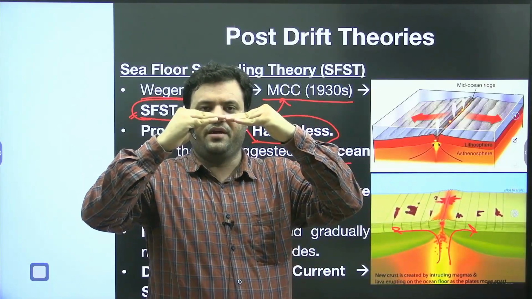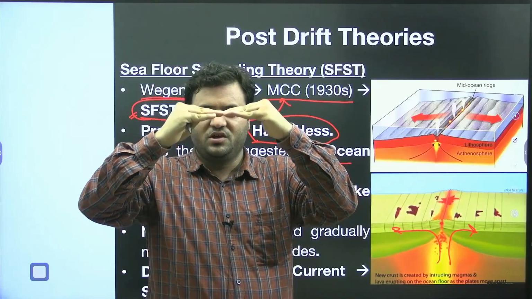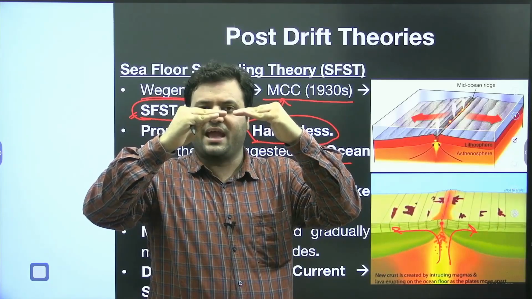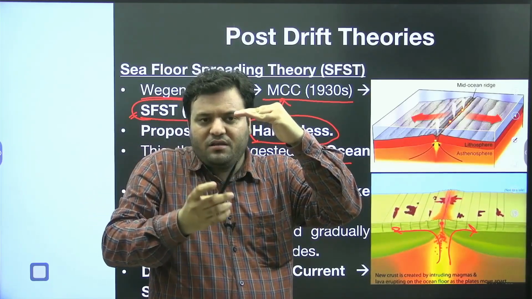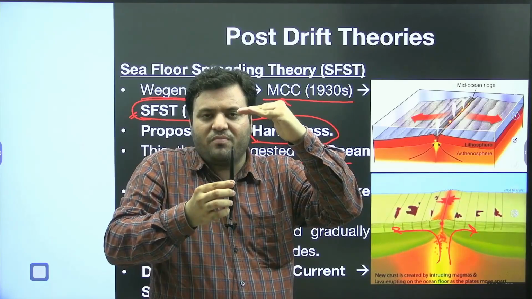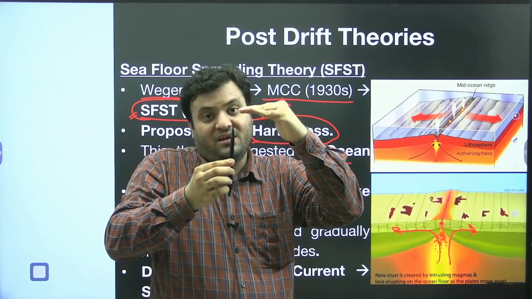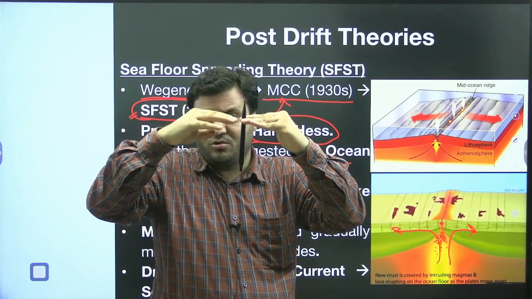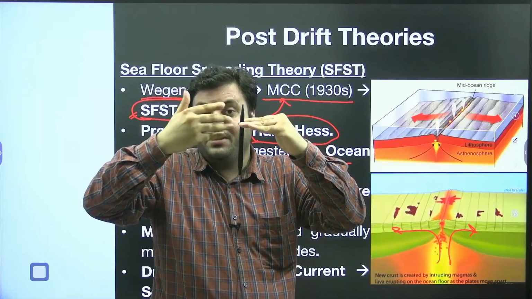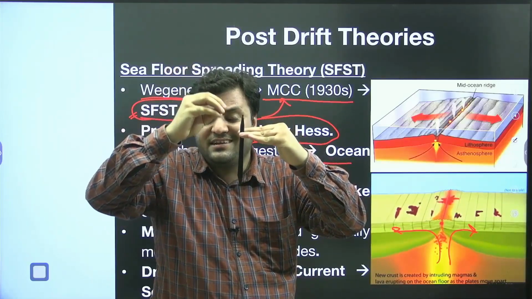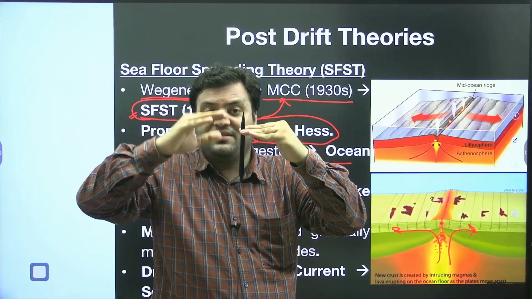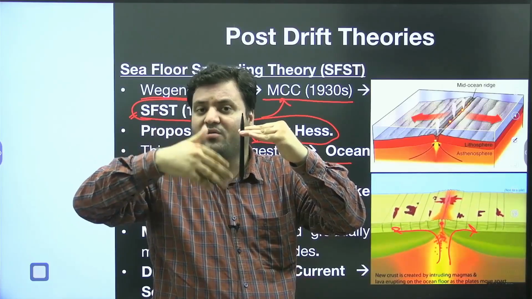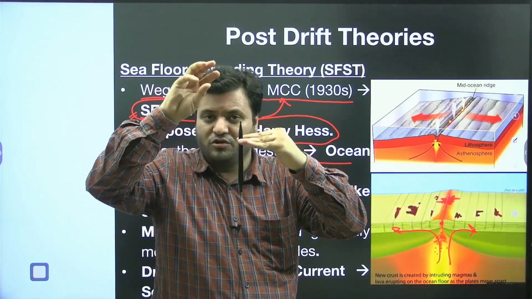When this crust moves, there will be a cavity, and that will be filled by the lava rising from the mantle in terms of mantle convection current. As that is at the bottom of the Atlantic Ocean, the lava will appear on the surface and will be instantaneously cooled by the water.